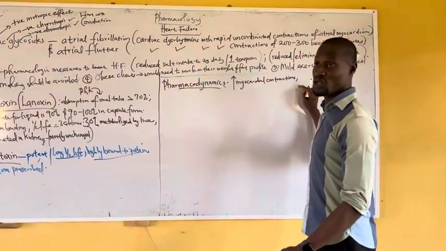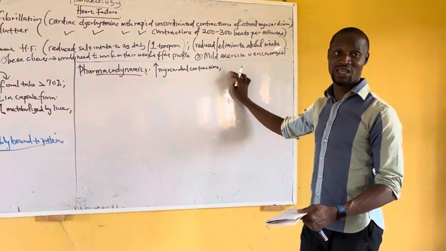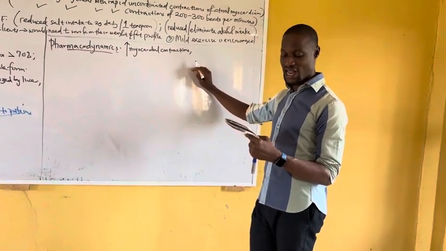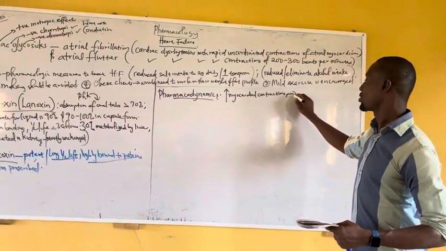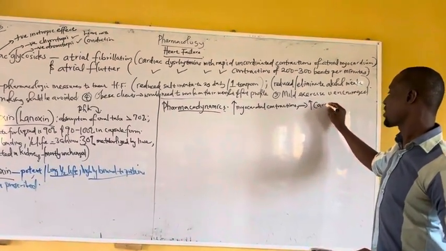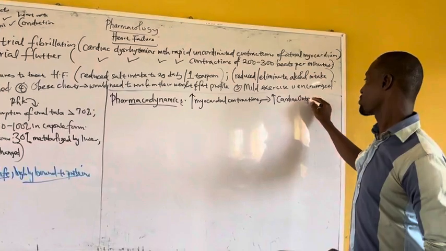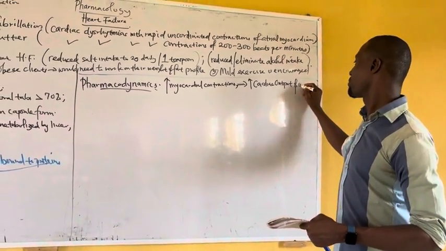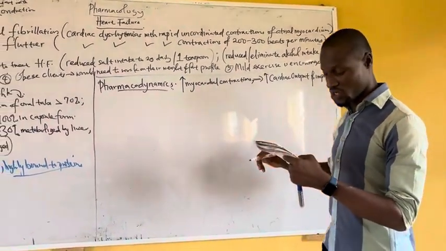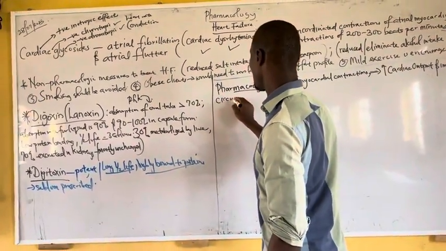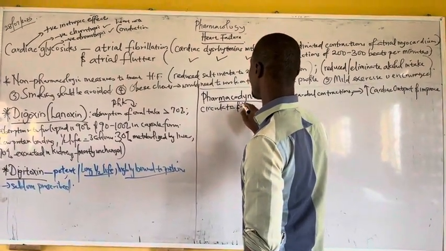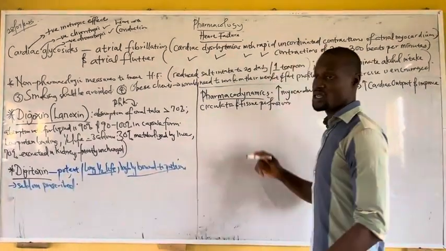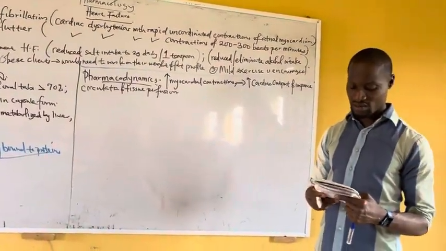This is one of the reasons why we're using the drug, to have an increase in myocardial contraction. This would increase cardiac output and improve circulation and tissue perfusion. Right? We need more blood to get to organs and other important tissues.